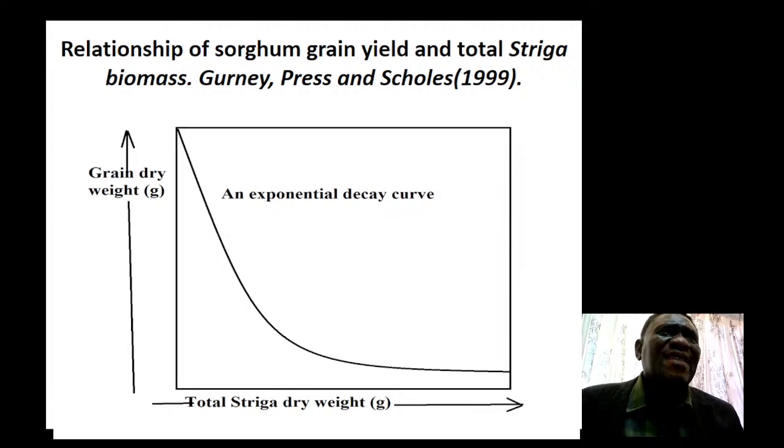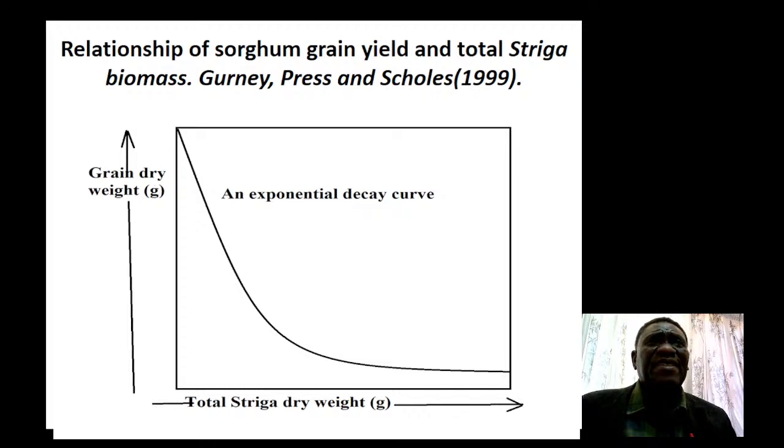This is the relationship of crop grain weight versus total dry weight of Striga. If you increase the density of Striga, this diagram gives you an exponential decay curve.